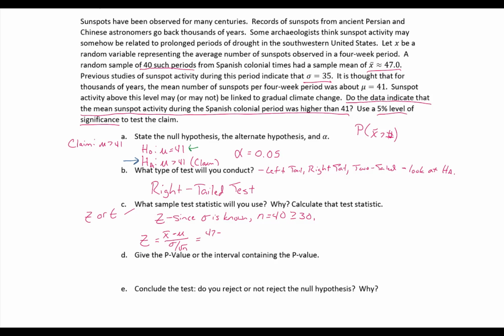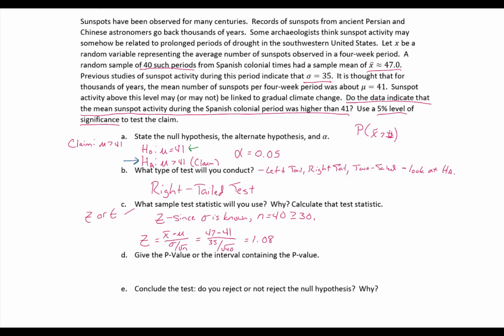We're going to assume mu is 41, because we always assume at the beginning of a test that the null hypothesis is true. So this is 47 minus 41, divided by our population standard deviation of 35 over the square root of n, where n was 40. If we do that calculation, that gives us approximately 1.08 to 2 decimal places for our z-score.